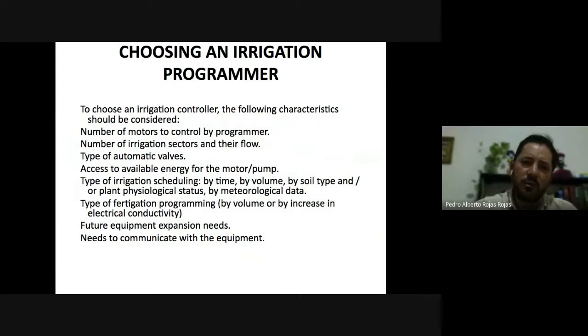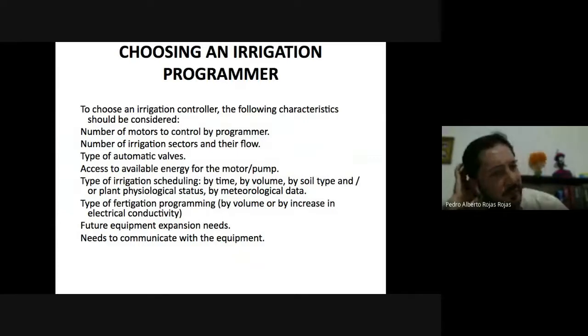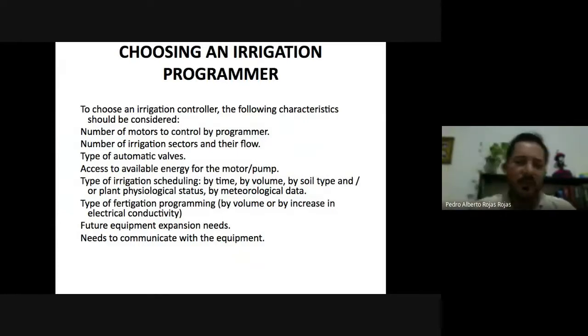Also, you need to know the type of automatic valves and the access to available energy, because these motors work by energy, and you need to have a good source of energy for the motors.